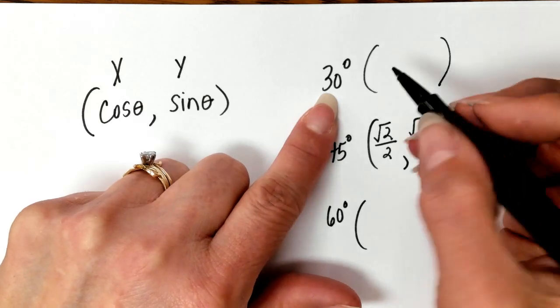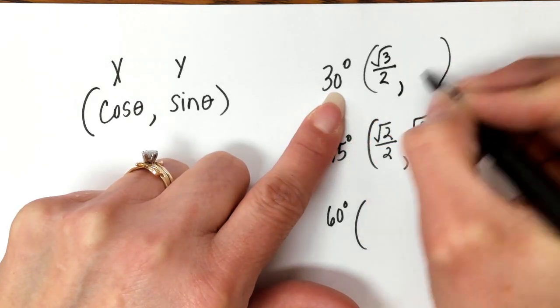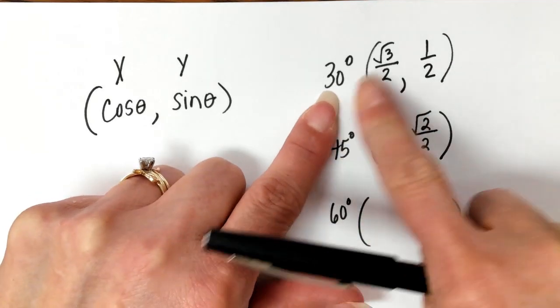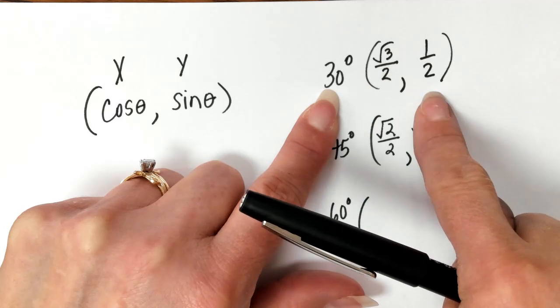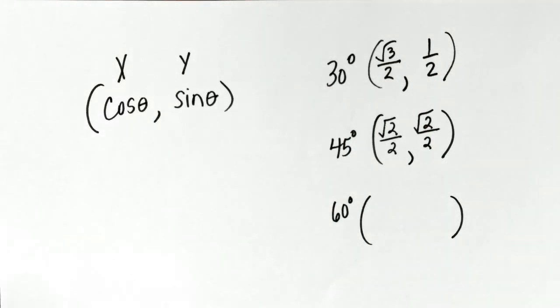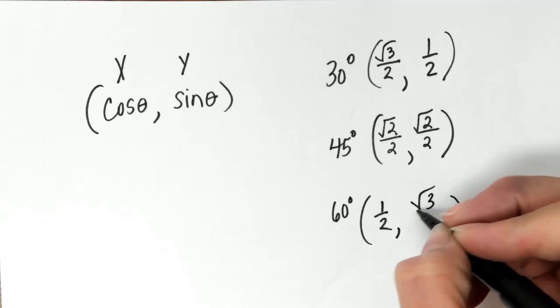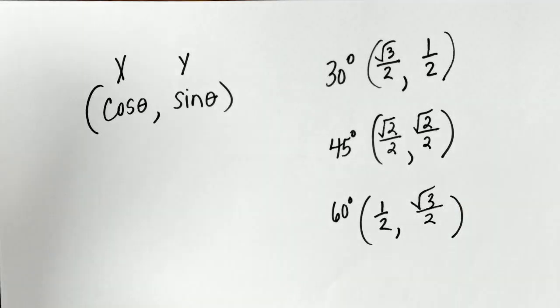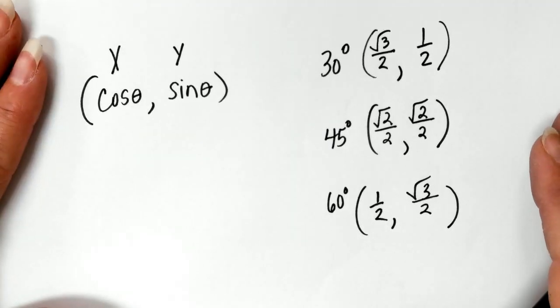I like to say the 30, it starts with the radical 3 over 2 and then 1/2. It's a 30, see 3, it starts with the 3, the radical 3 over 2. And then the 60 just flips that. So the 60 is the 1/2 and then the radical 3 over 2. If you guys can remember this, you really don't have to know the whole unit circle.